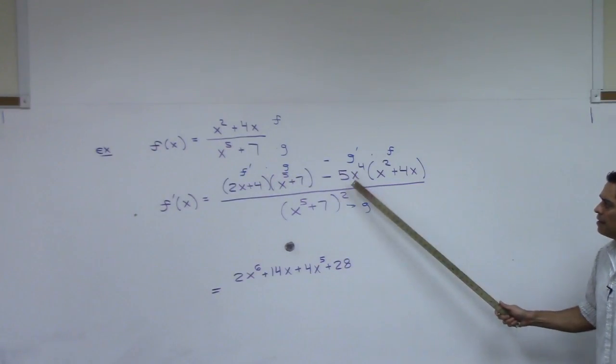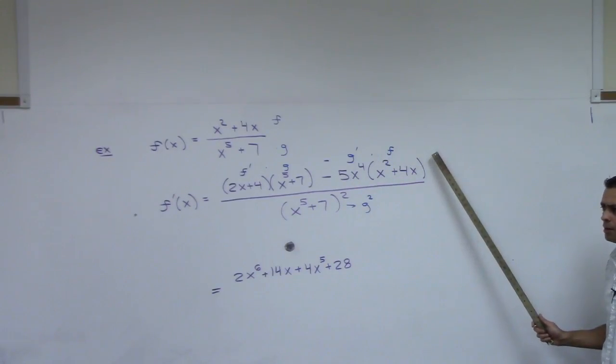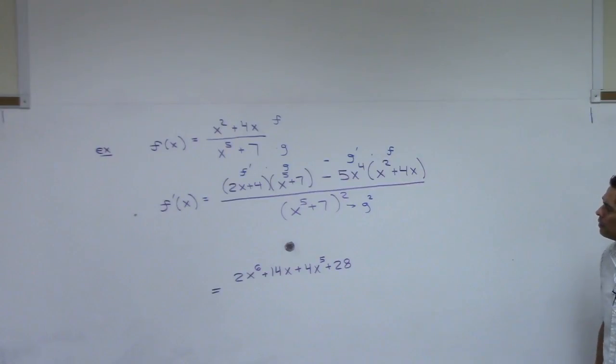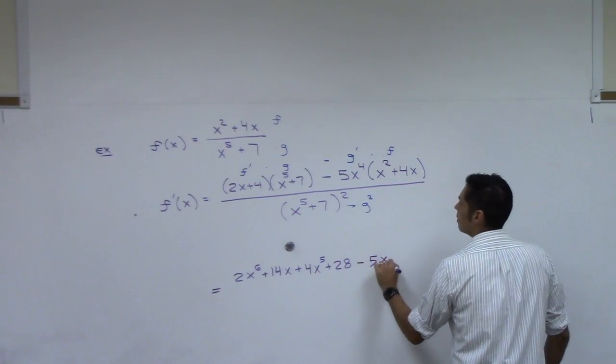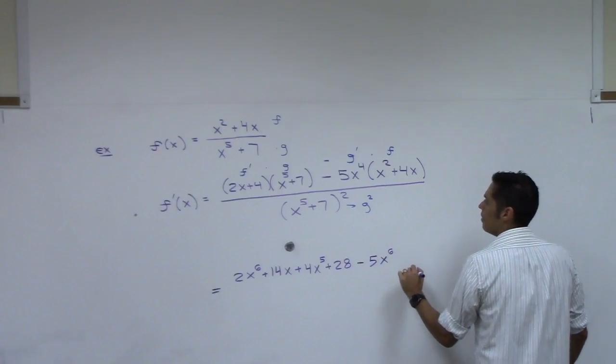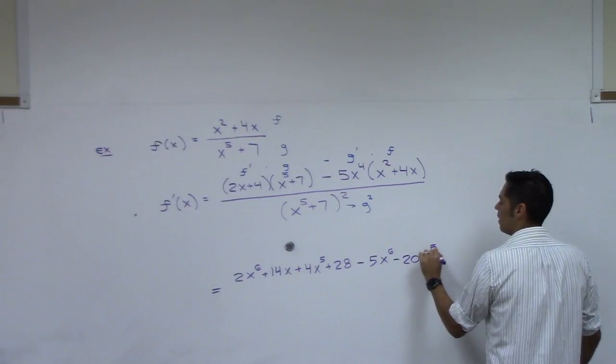And then we have this negative 5x to the fourth is just going to pass through to those two. So what would my first term here be? Minus 5x to the sixth, and then minus 20x to the fifth.